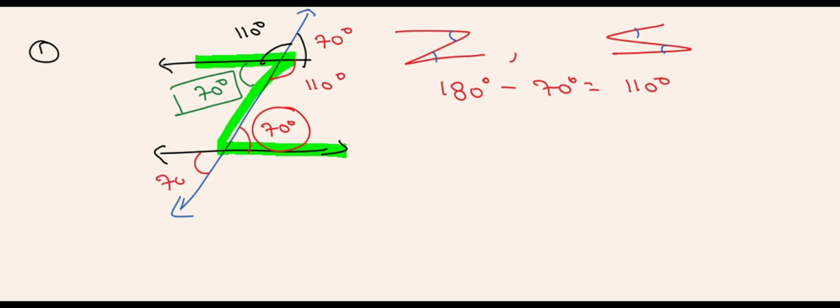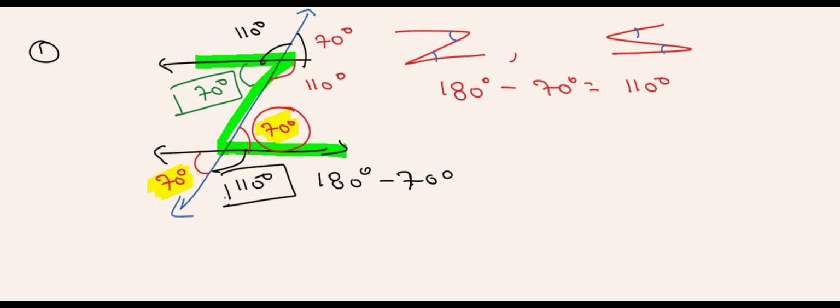This is basically 70 degrees because this angle and this angle are alternate angles. And what about this one? This is nothing but 180 minus 70, which is equal to 110 degrees, and this one is also 110 degrees. So it is really up to you which one to choose.